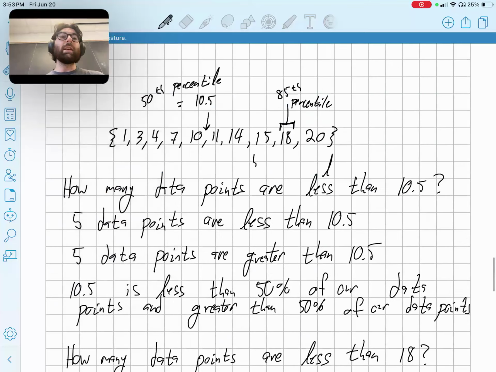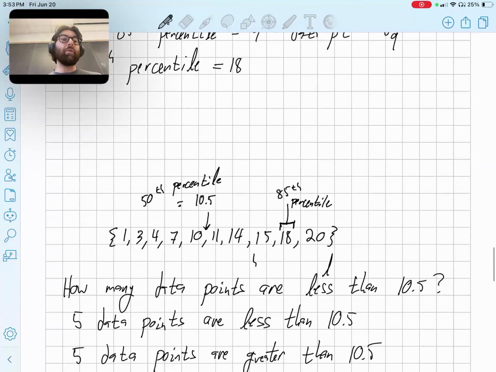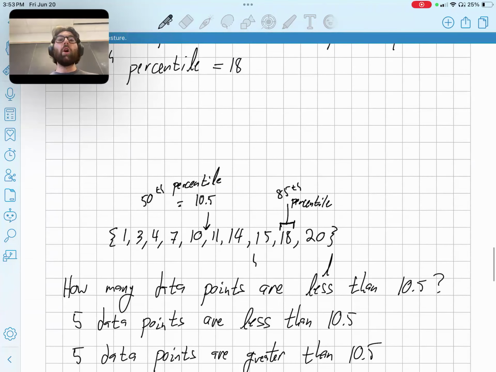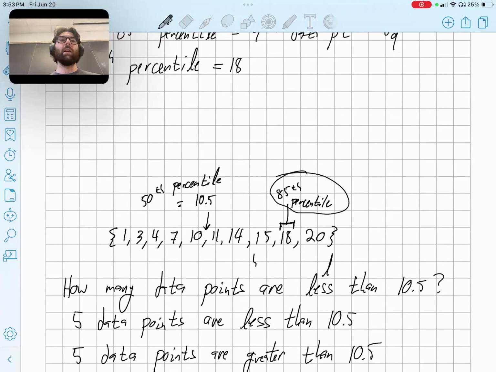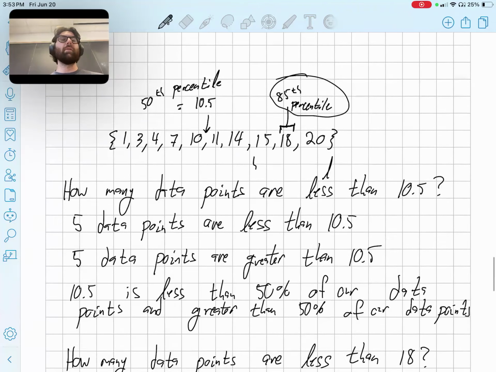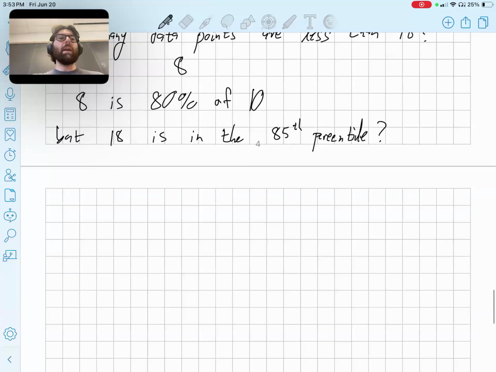Okay, and so this is where it's tricky. Sometimes when you don't have the right number of data values, there's no way to get the exact 85th percentile. And so you have to be a little flexible with that.